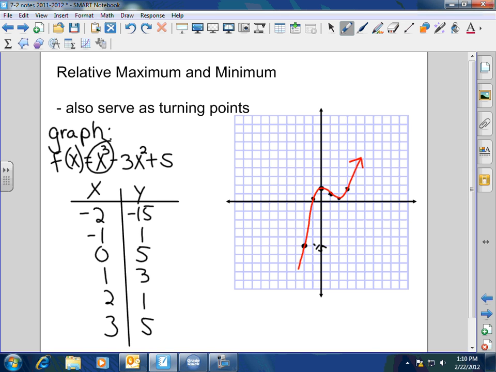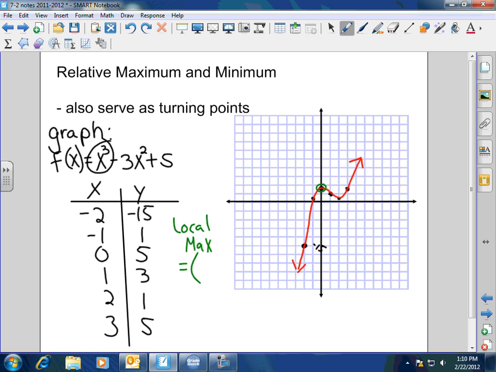Now, I'm going to show you a couple things that are happening here. First of all, let's answer the question. What's the local max and what's the local min? The local max is right here.